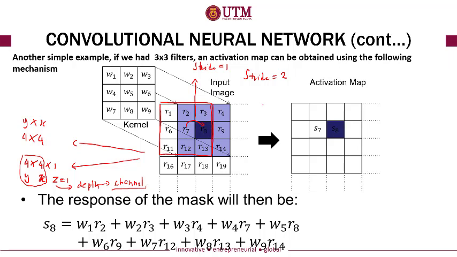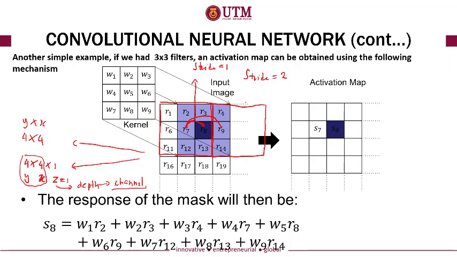That is what is meant when stride is set to 2. Instead of jumping 1 step, you jump 2 steps.